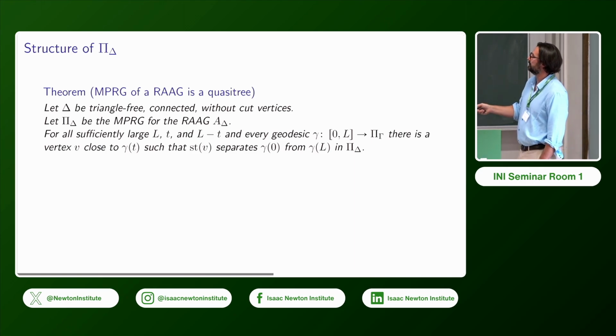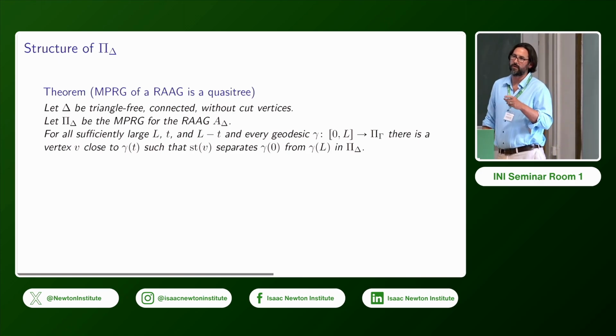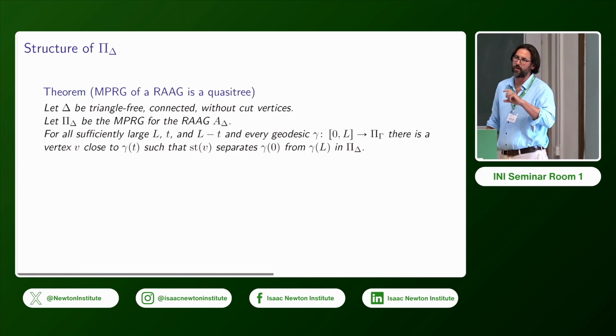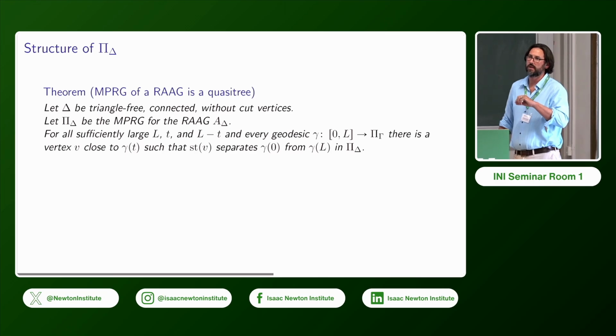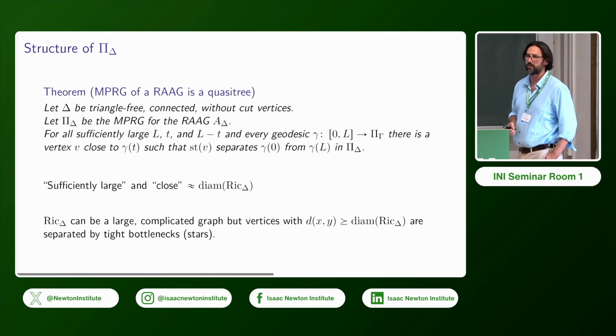So any point in the interior of my geodesic, there's some v nearby so that the star of v separates the endpoints. So it's a one bottleneck condition. I have balls of radius 1 that separate points as long as those 2 points are far enough apart. And the sufficiently large and close are both something like the diameter of the fundamental domain.